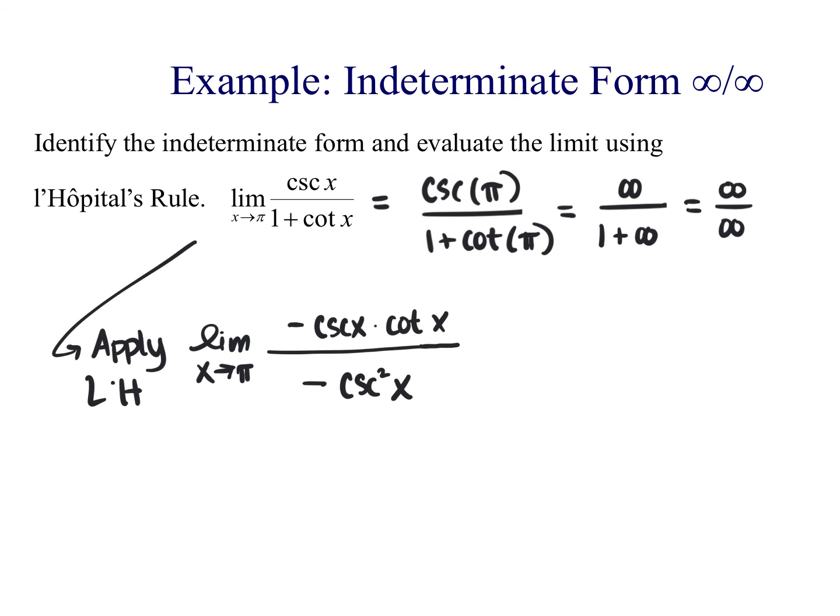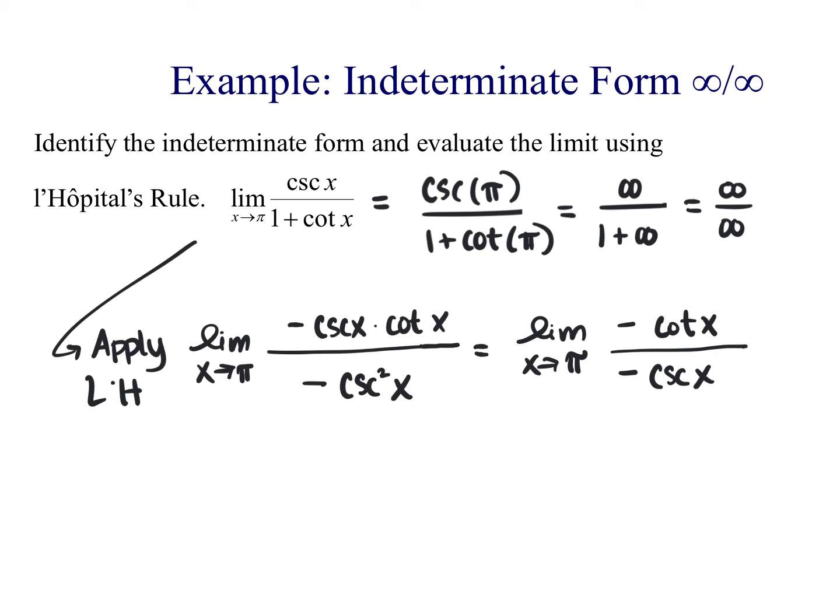Okay, you have to reduce at this point. This is reducible. Why? The cosecant. There's one cosecant on the top, and there's basically two cosecants on the bottom. If you don't reduce, you're going to end up stuck in a never-ending cycle. So this would be negative cotangent of x over negative cosecant x.